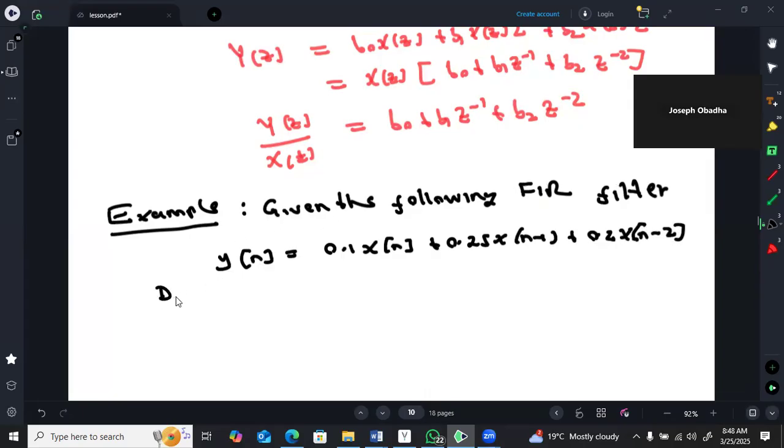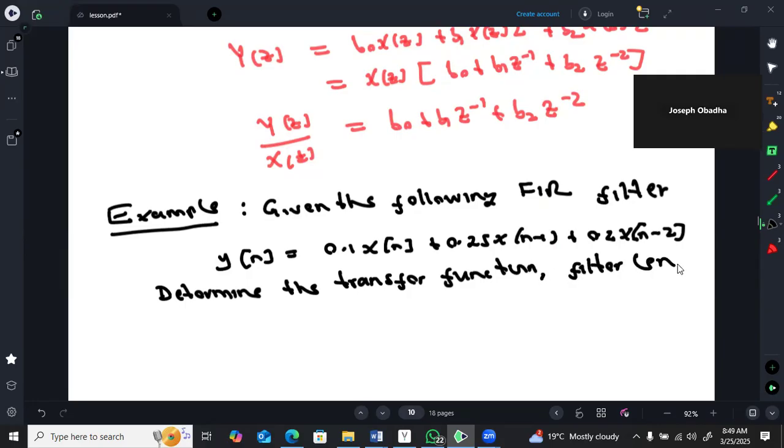Determine the transfer function, filter length, non-zero coefficients, and impulse response.